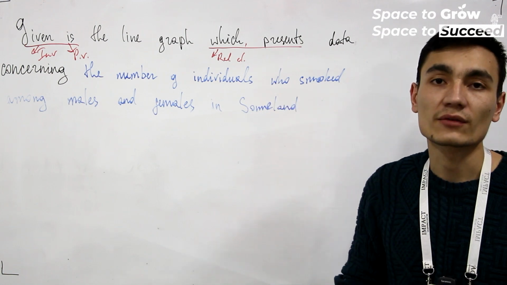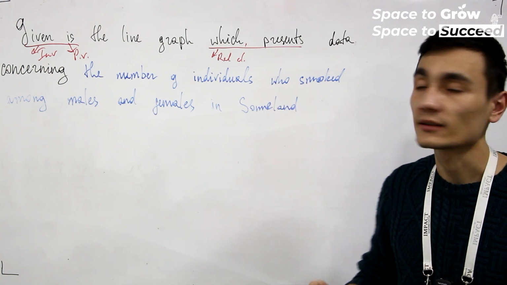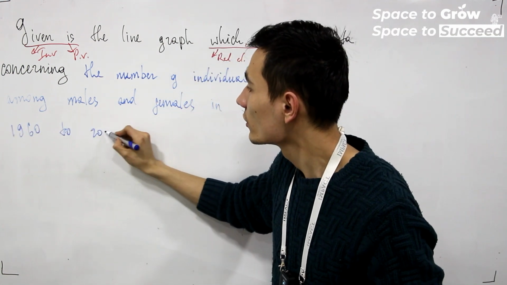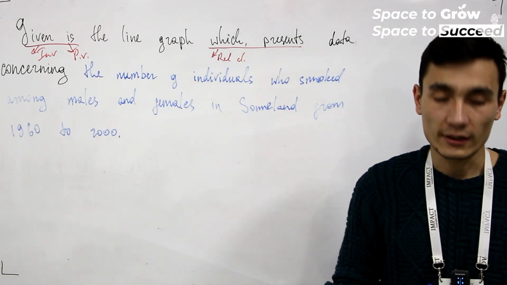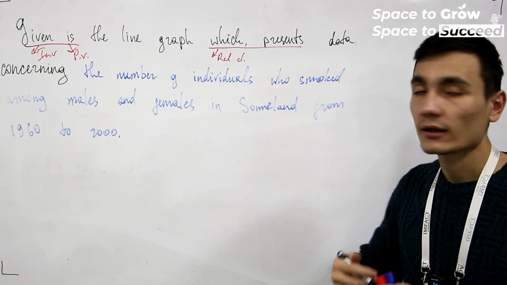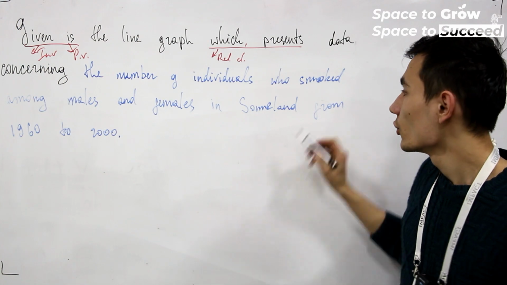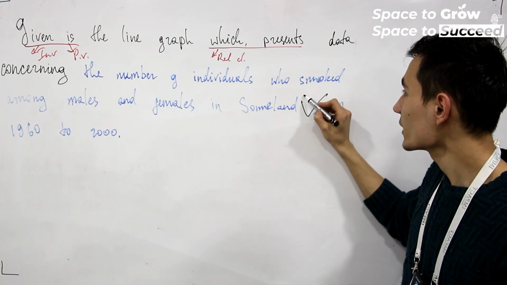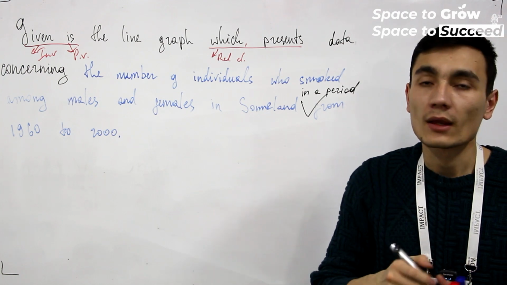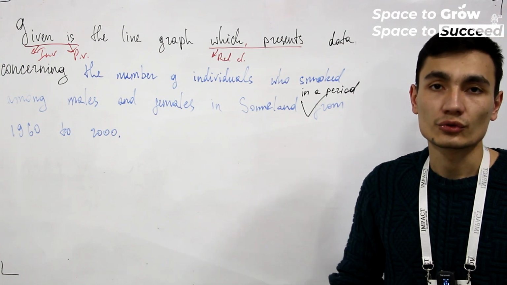Now we have to give the time, from 1960 to 2000. If you want more words, before "from... to" you can simply add "in a period from 1960 to 2000."